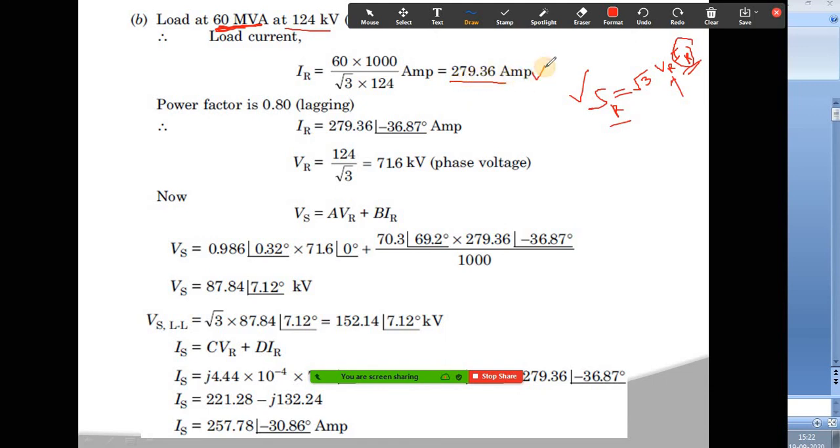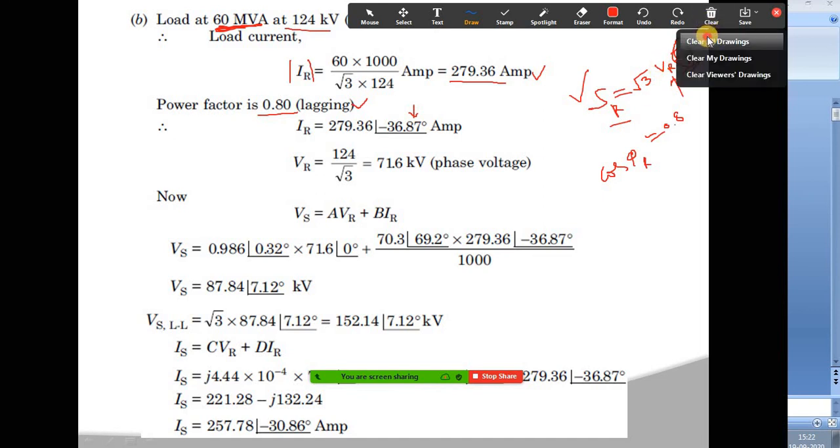Okay, so this is the magnitude of IR, and power factor is given as 0.8 lagging. Okay, cos phi r value is given, so cos phi r value is 0.8. Then you can calculate phi r value, which is at an angle of 36.87 degrees.